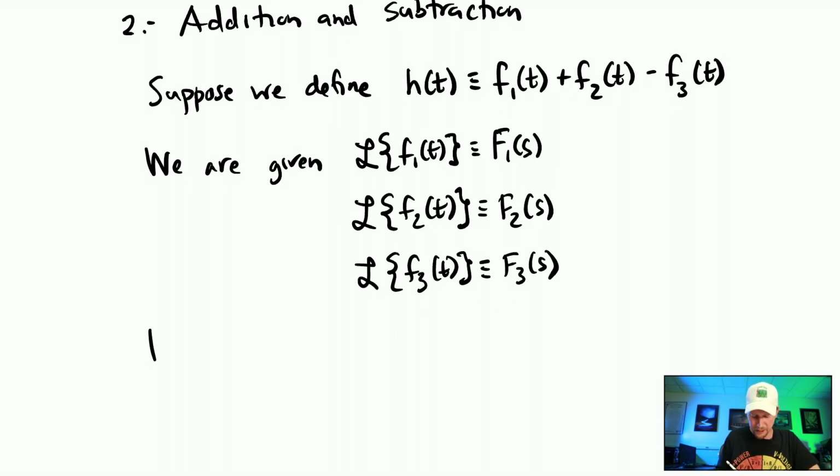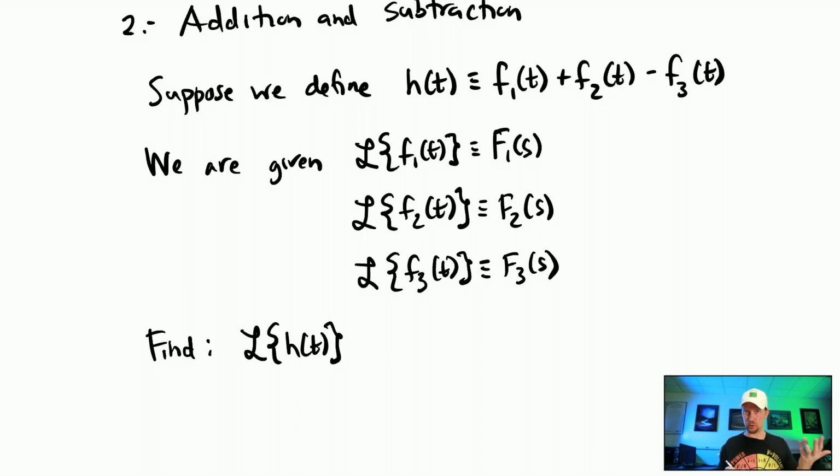Then I want to find, well, what is the Laplace transform of h of t in terms of things that were given, in terms of things that we know?